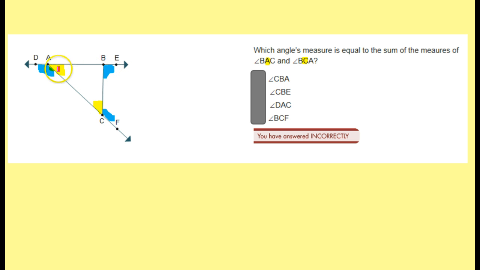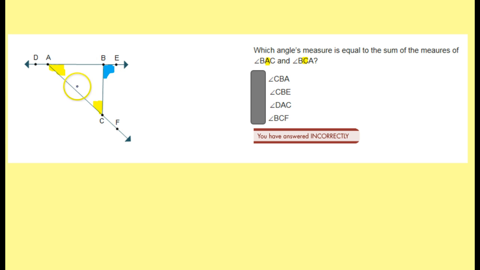These have to be remote interior angles. Remote meaning far away. So we don't want these exterior angles that are right next to the interior angles. See how they're touching? That's a no. It's these two that are far away from the exterior angle. That's the relationship. So these two yellows should add up to the blue.